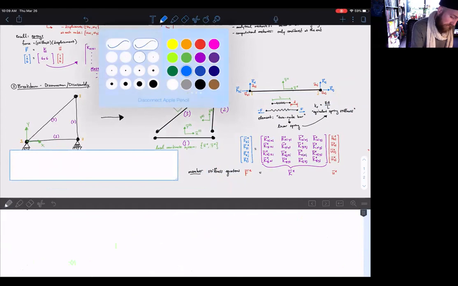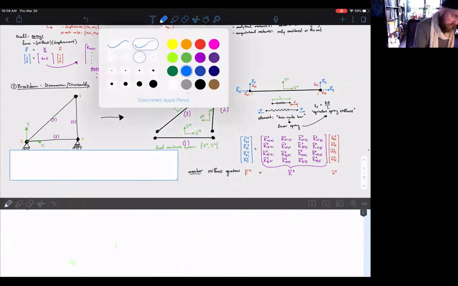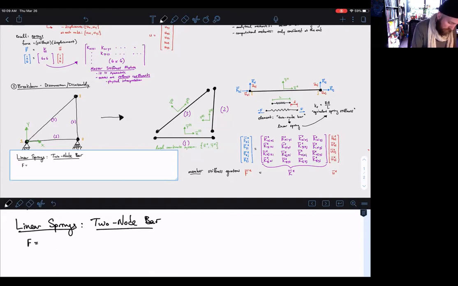So for instance, we know that for a linear spring, we can relate F to the displacement through some stiffness.